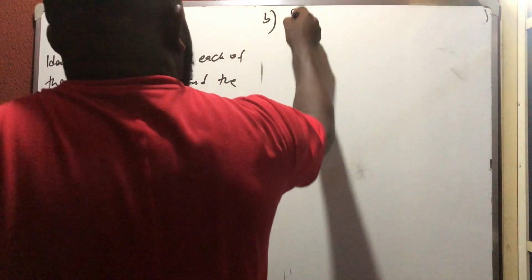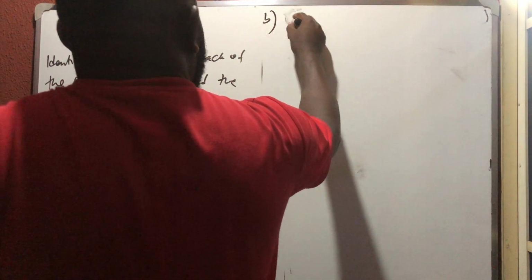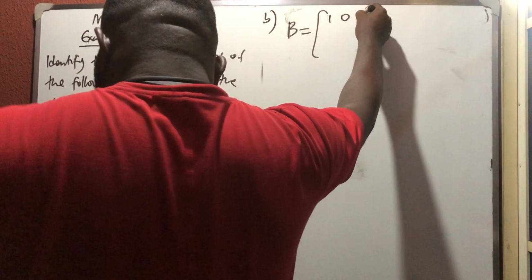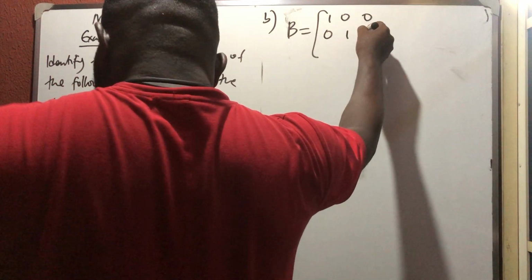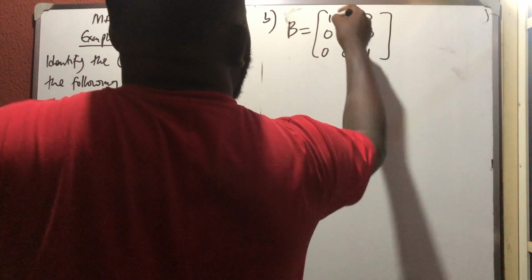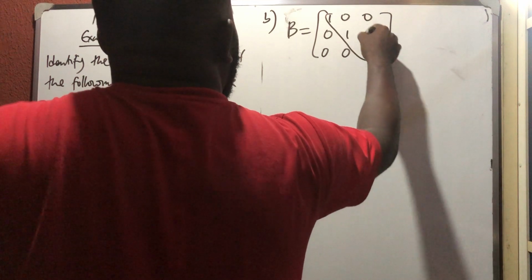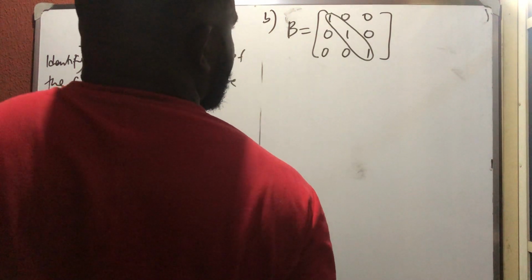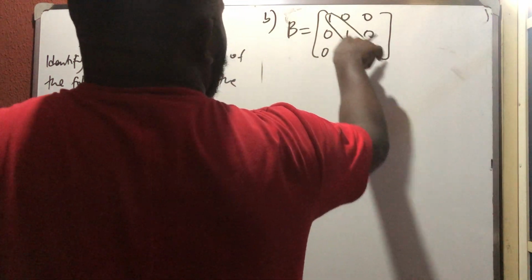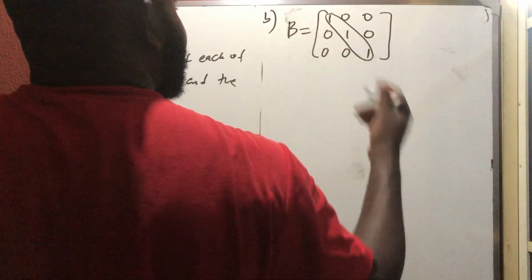B is equal to 1 0 0, 0 1 0, 0 0 1. So now, first of all, it is a square matrix. And if you look at this, you see that the diagonals are simply 1 1 1. So it's an identity matrix.